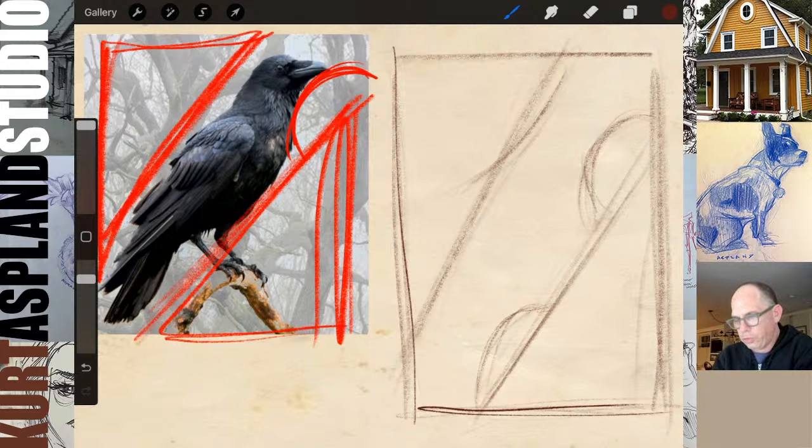So what we're doing is trying to break down the negative shape. If you think of it, you're almost like a sculptor carving away all the stuff you don't need. It's kind of what we're doing here. Okay, let's just gesture in where we think these legs are going to go.